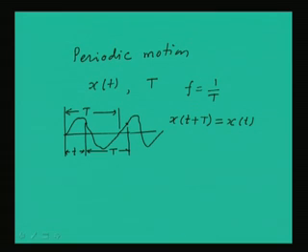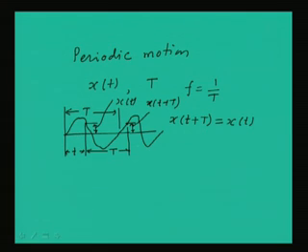So, you can see that this particular displacement is equal to this particular displacement. So, this is x(t) and this is x(t+T). So, it is repeating after its period, and this is valid for each and every point.